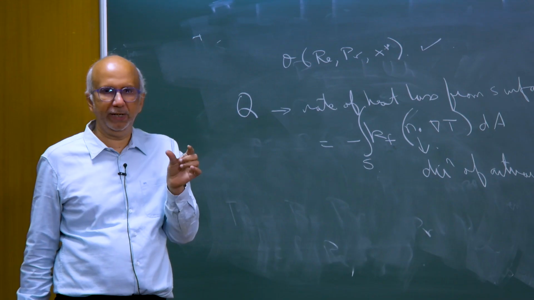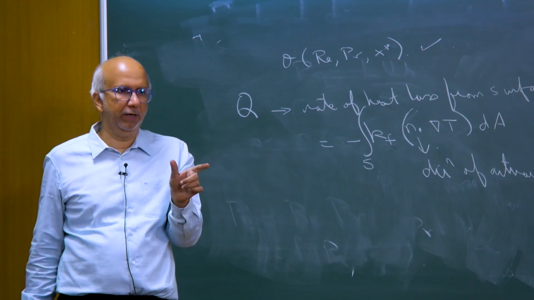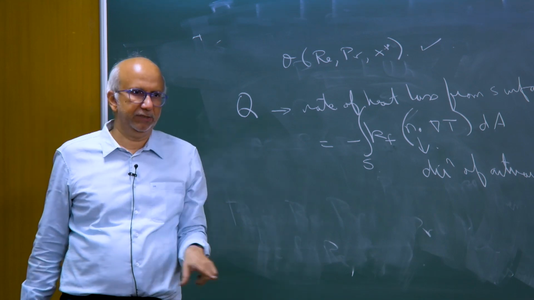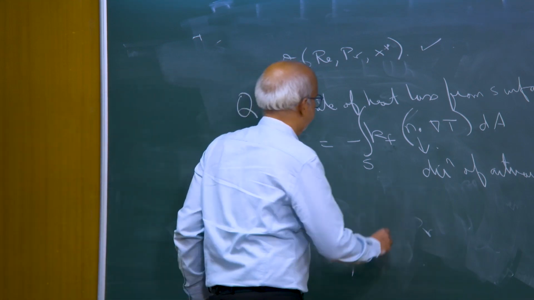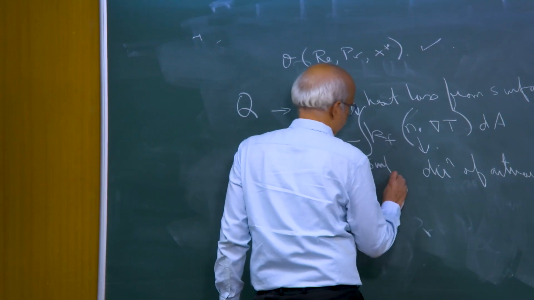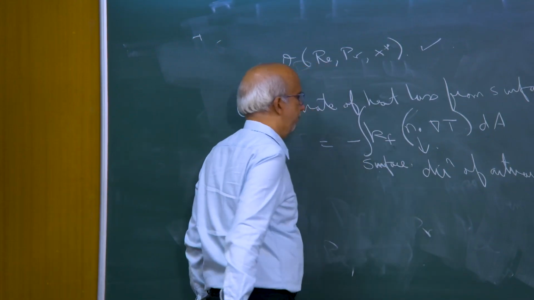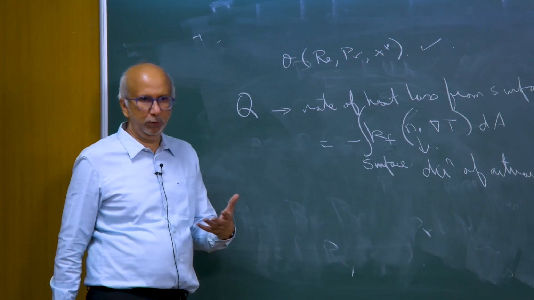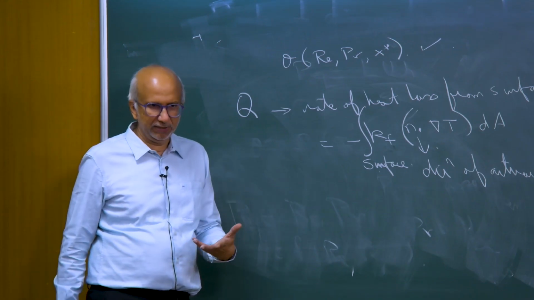You take a small area element, n dot K del T dA, and integrate over the entire surface, the surface integral, so the double integral. Now, what people like to do is write everything in terms of dimensionless numbers.